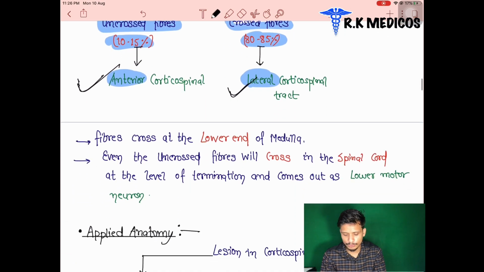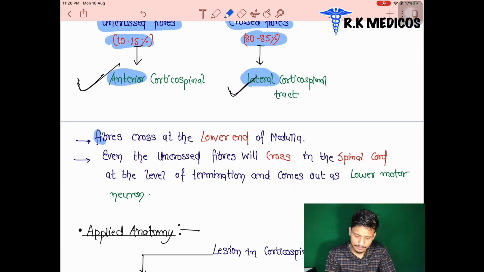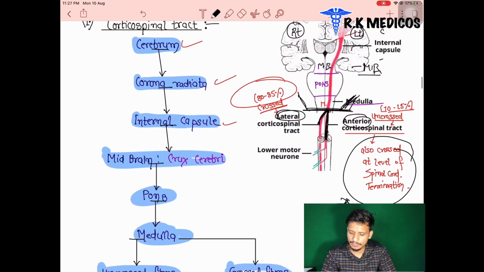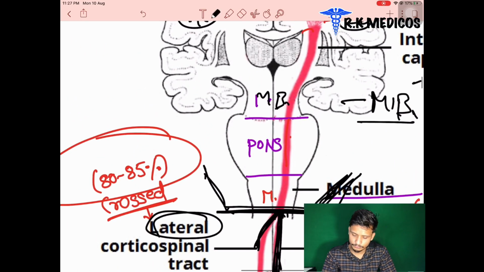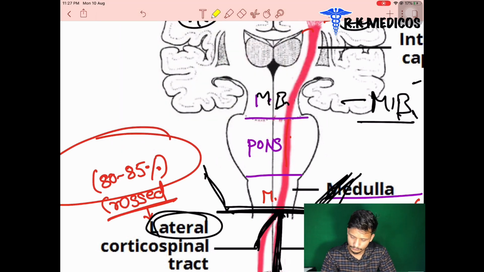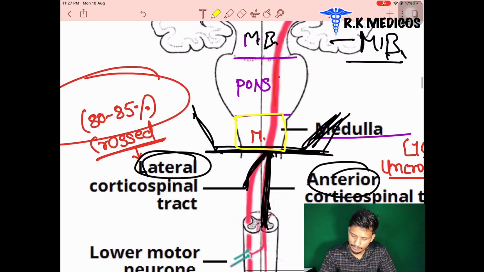These fibers cross at the level of the lower end of the medulla. Suppose this is the medulla in this picture: here is the upper part, here is the lower part, and from the lower part they decussate.